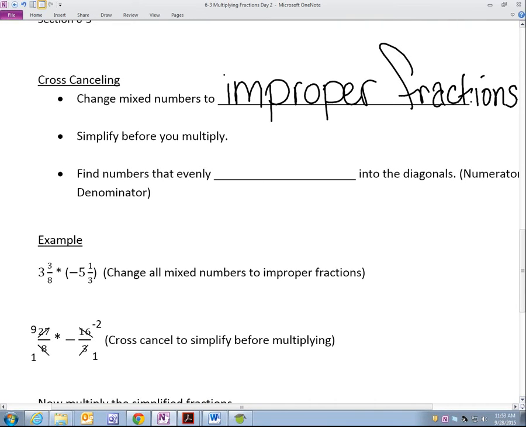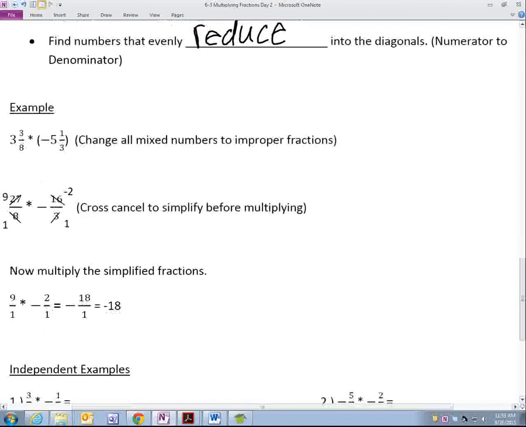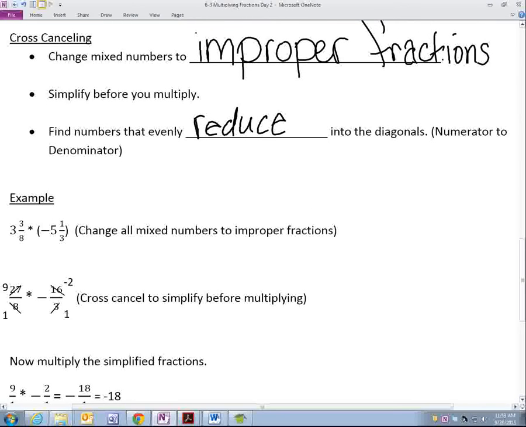Find numbers that evenly reduce into the diagonals. So diagonals would be numerator to denominator. Numerator, yep. Evenly reduce.